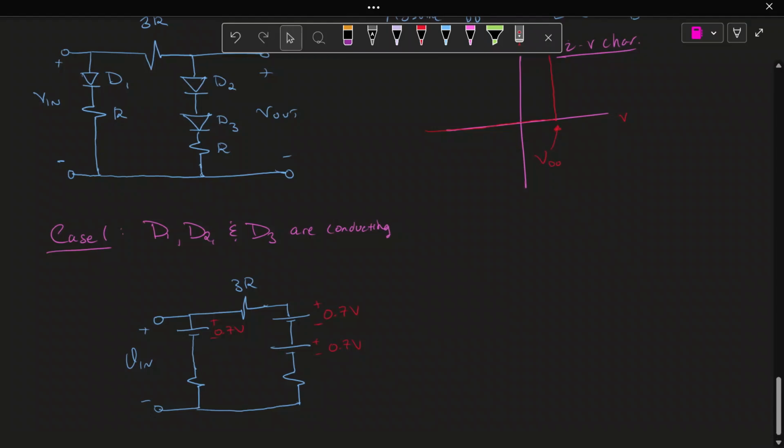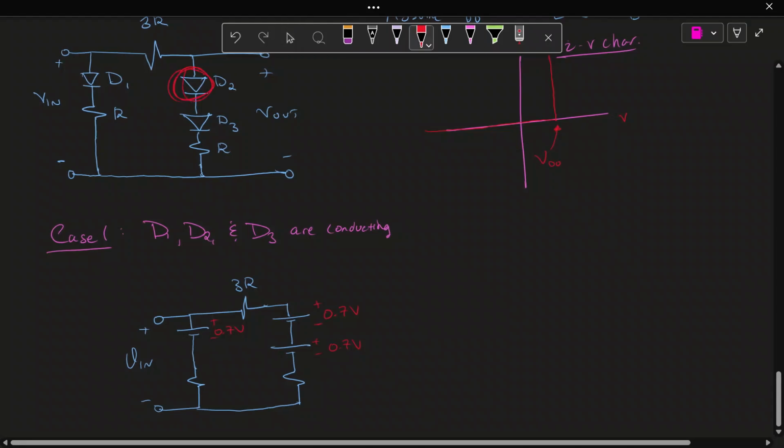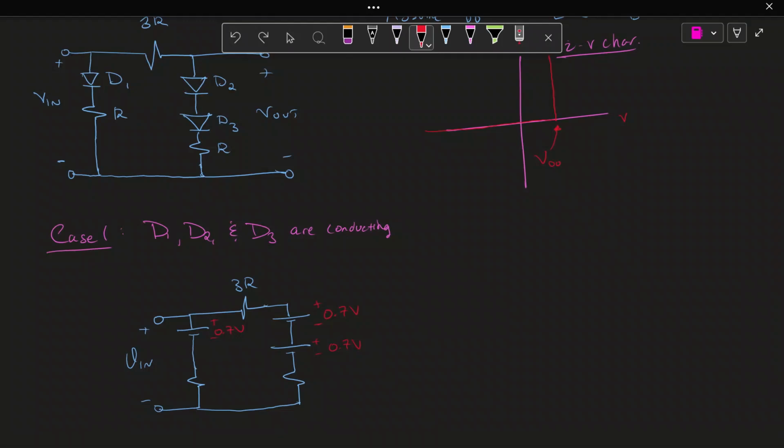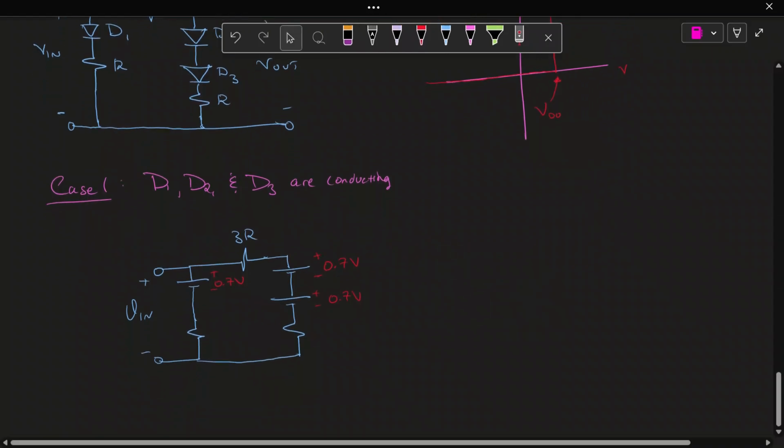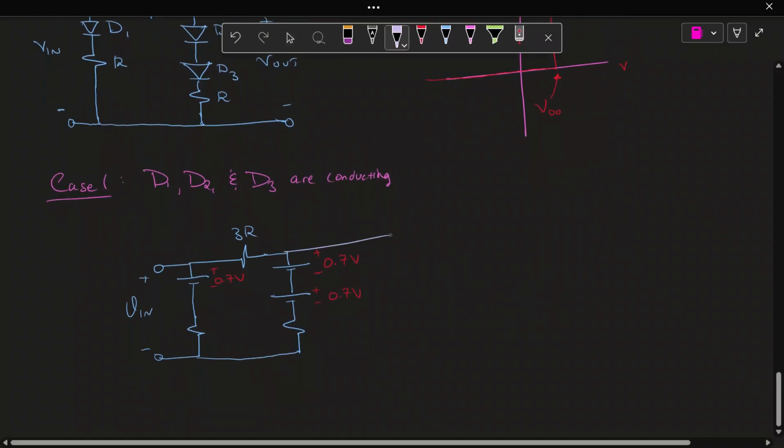This corresponds to this configuration of the diode, where the arrow is the direction of current, and that's the direction of voltage drop. That is the way you draw it. And of course, we know our V out is over here.